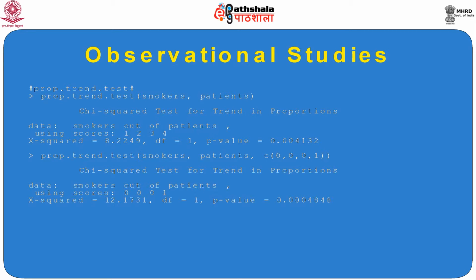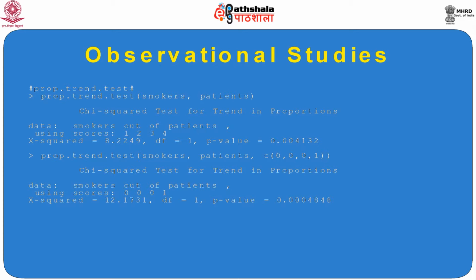Now we will replace that with prop.trend.test with smoker and patients, and the p-value is 0.004132, and the trend chi-square value is 8.2249 with 1 degree of freedom. So it shows again that there is a significant difference between these four proportions.